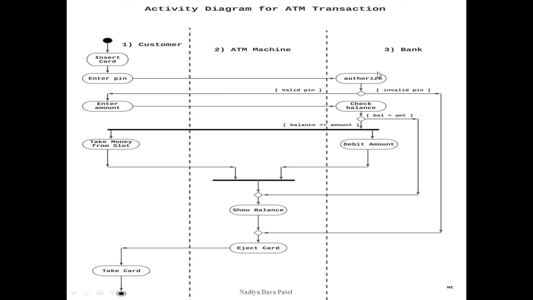So these are the groups of activities. If you find such groups of activities together, you can put a swim lane so that you can show a difference between the two blocks. So this is block 1 for customer, block 2 for ATM machine, and block 3 for the bank.